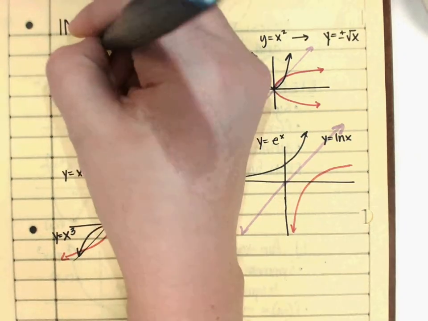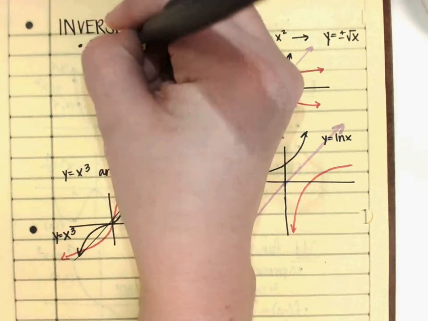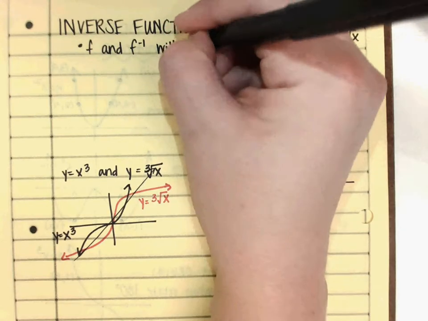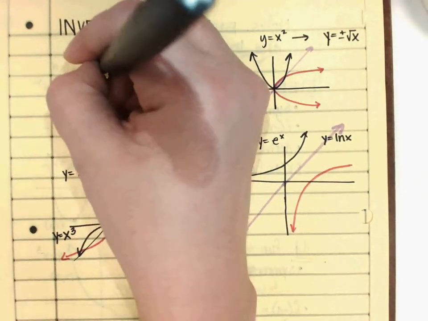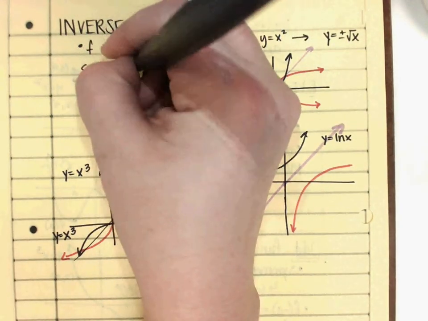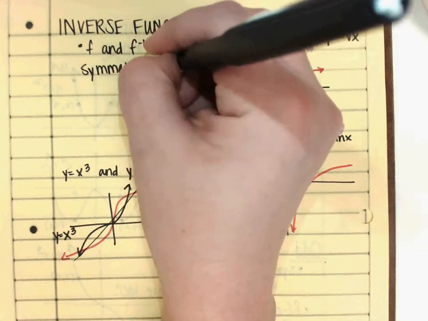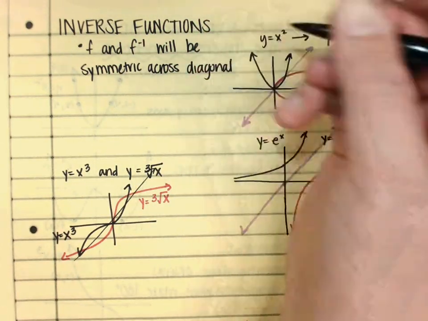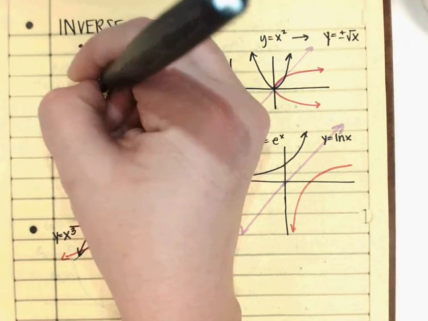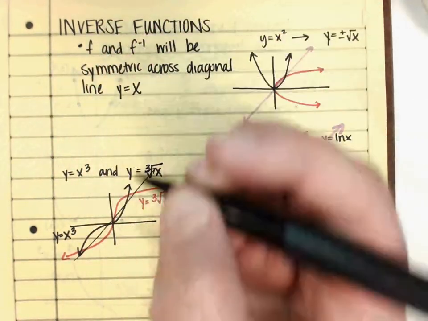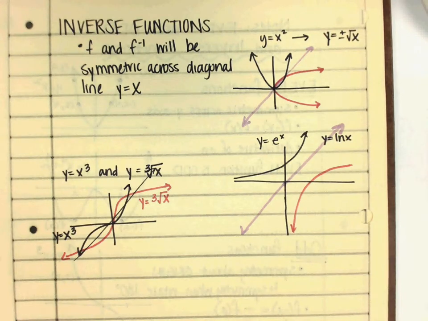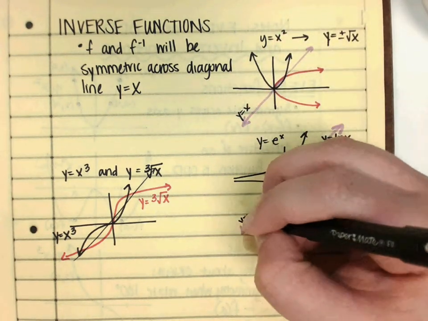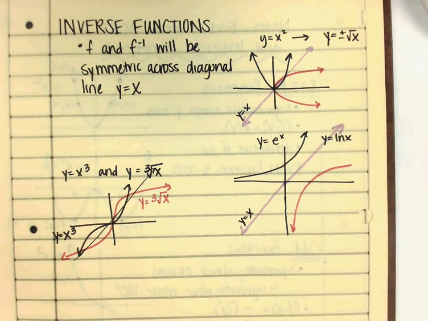So f and f inverse will be symmetric across the diagonal line y equals x. I can label that on here for you, y equals x.